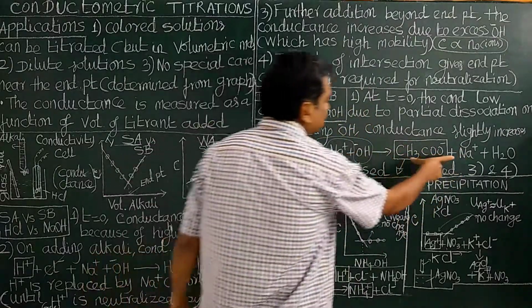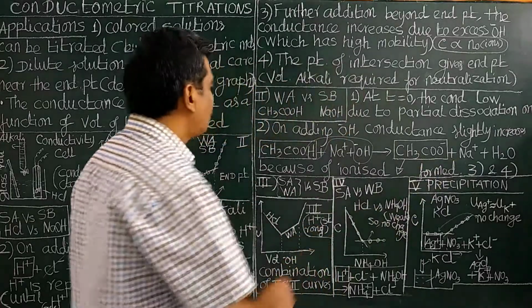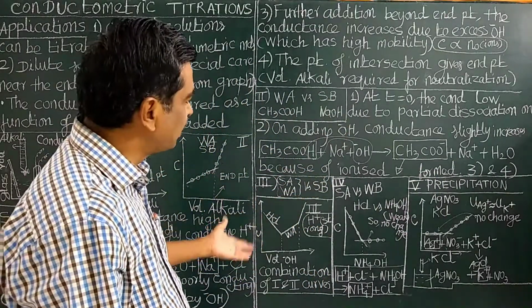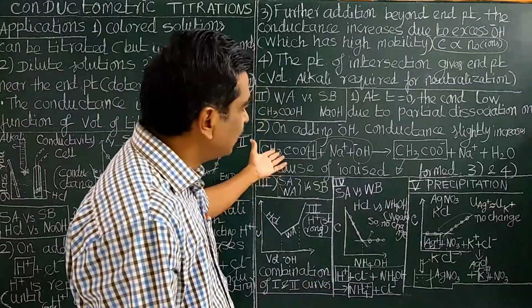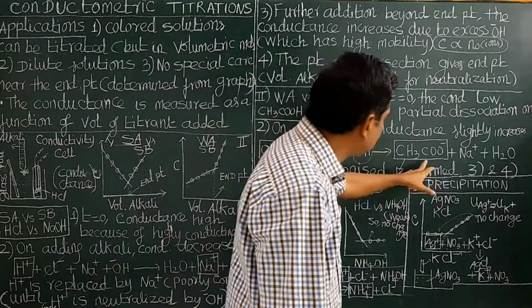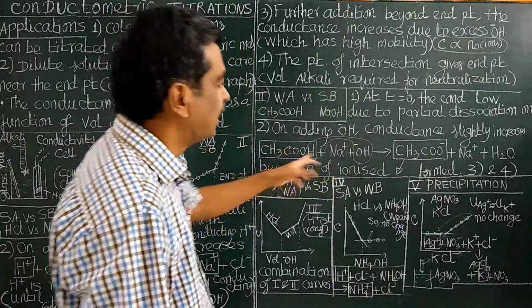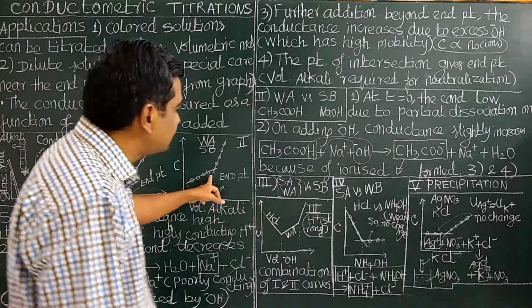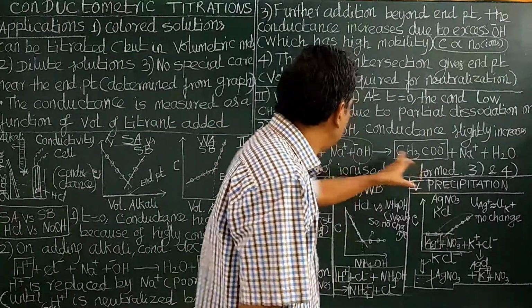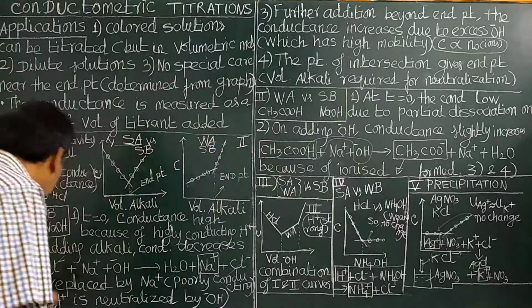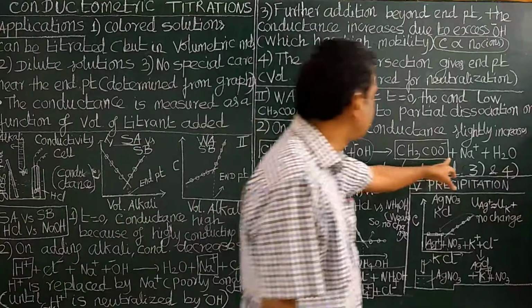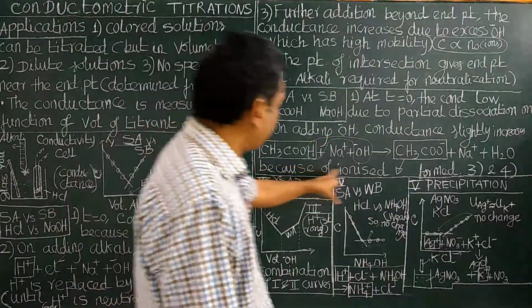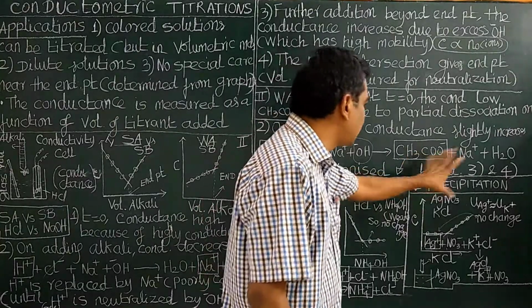Acetic acid is not conducting because it is undissociated, whereas sodium acetate, the acetate ion, is conducting. Therefore, there is a slight increase in conductance because acetic acid is replaced by ionized sodium acetate.